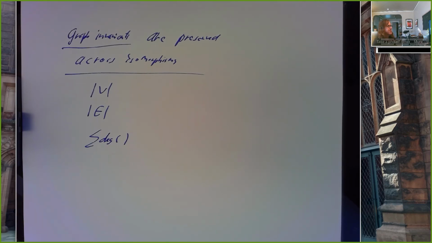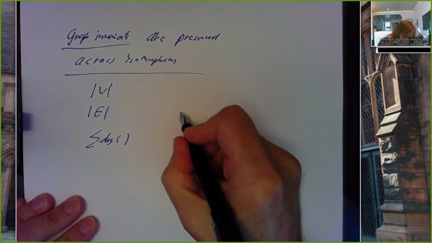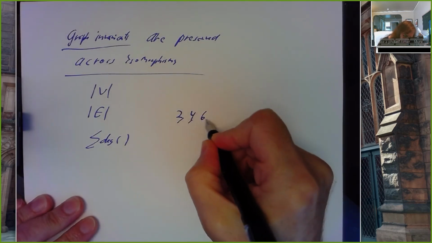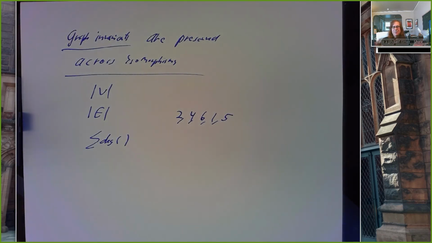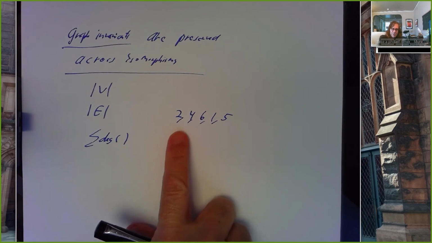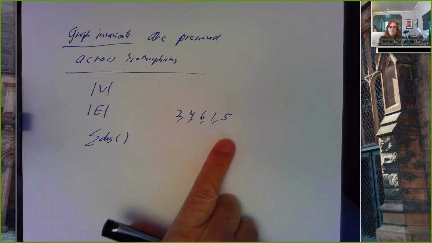Also, if we were to look at the number of vertices with certain degrees, that will not change. So if we tally a list of the degree of each vertex and we find that our vertices have degrees 2, 4, 6, 1, and 5, in any graph that's isomorphic with 5 vertices, we're going to find that one of those vertices has degree 2, another has degree 4, 6, 1, and 5.